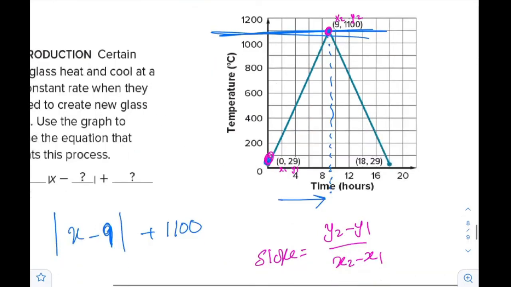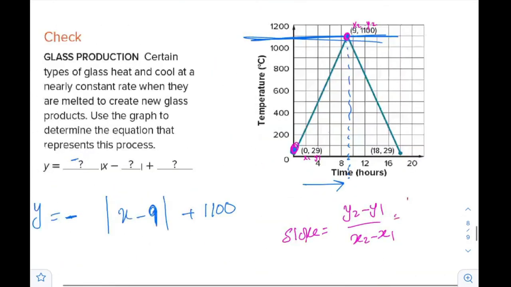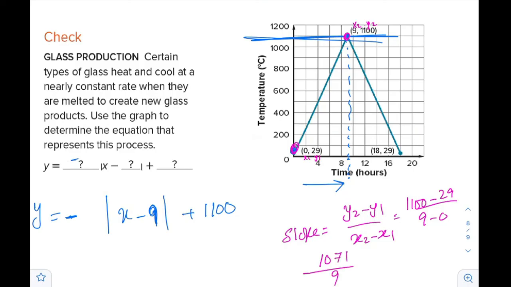Let's apply the slope formula. 1100 minus 29 over the other one, the x is 9 minus 0. So you will subtract 1100 minus 29, which is 1071, over 9 minus 0, which is 9, and I will keep it as it is.